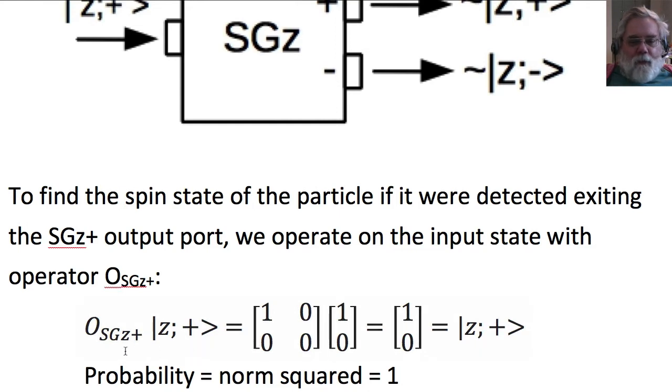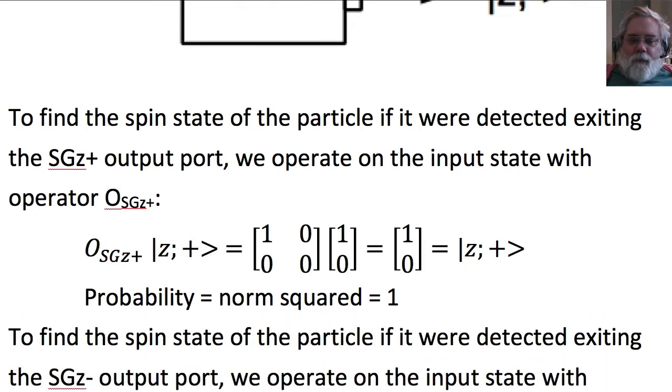We've already calculated that as 1, 0, 0, 0. We can do this multiplication. We end up with the column vector 1, 0, which is just the Z plus ket. Its norm squared is 1. Its probability is 1.